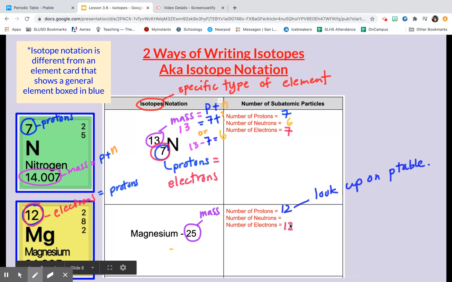figured out how many protons and electrons I have, I can use this mass number of 25 to figure out how many neutrons I have, right? Okay, so just like before, my mass is 25, and I know from earlier that mass is just protons plus neutrons.